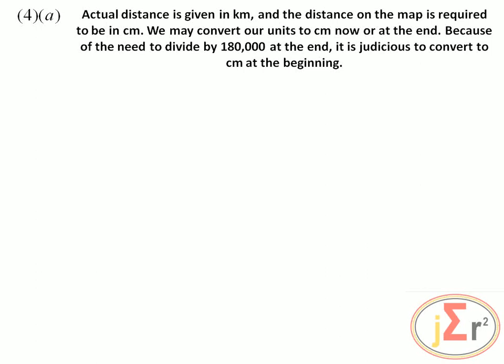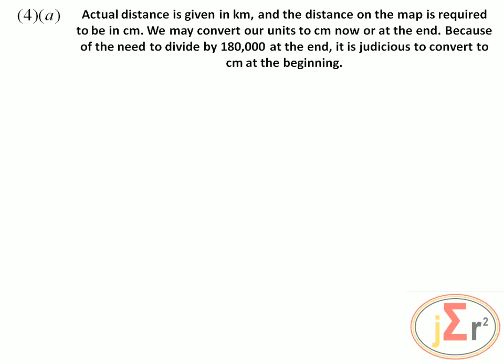Actual distance is given in kilometers, and the distance on the map is required to be in centimeters. We may convert our units to centimeters now or at the end. Because of the need to divide by 180,000, it is wise, judicious, to convert to centimeters at the beginning. Now, according to what we have for this problem, we have the distance in actuality, and we need to convert to the distance that we will have on the map.